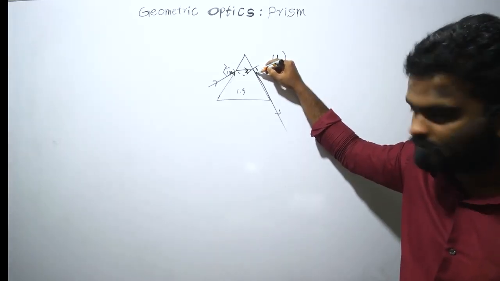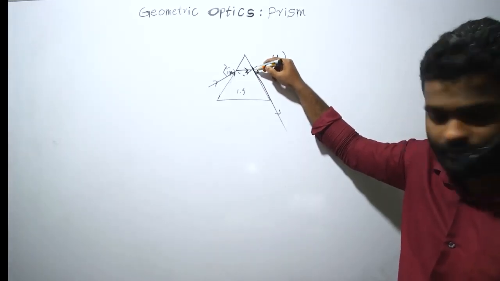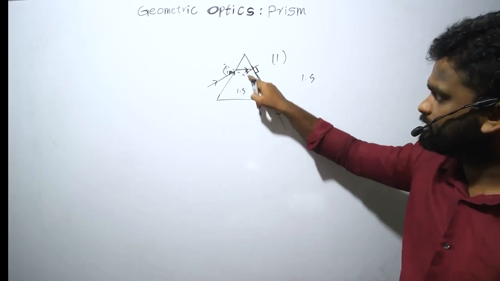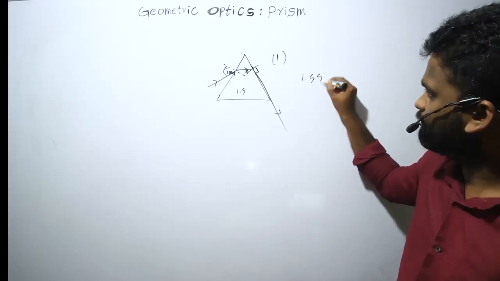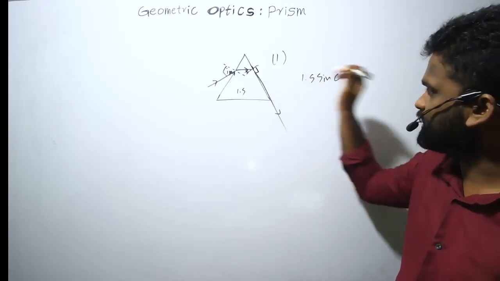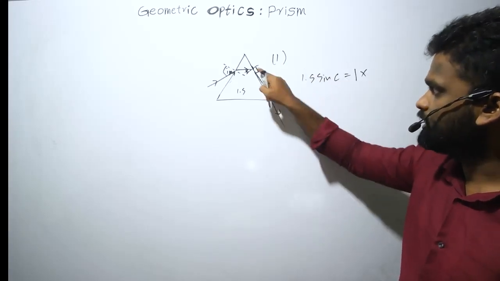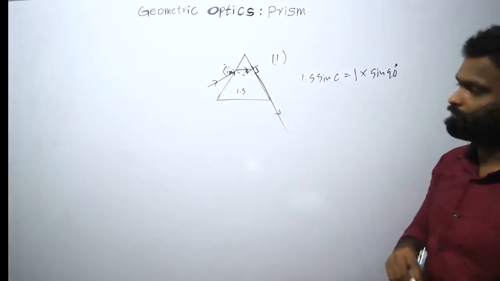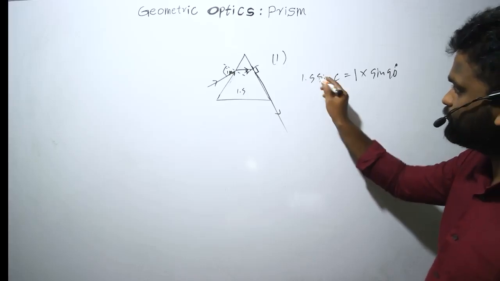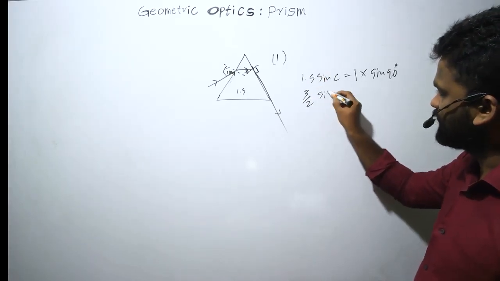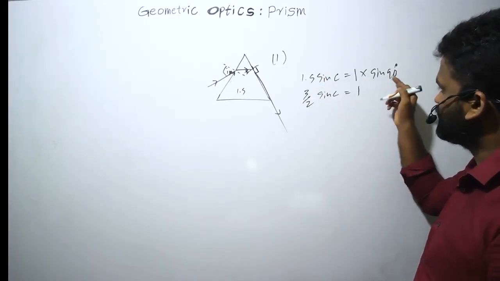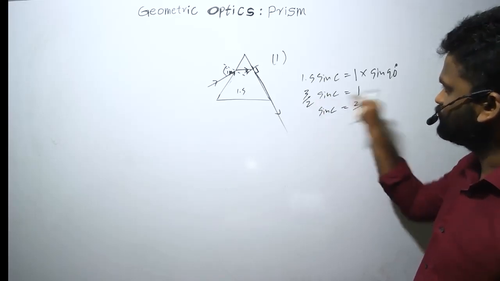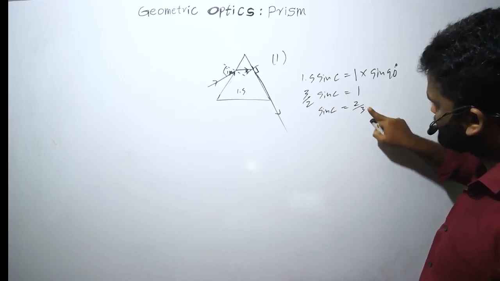So 1.5 sine C equals outside refractive index 1, sine 90. 1.5 you can write as 3 over 2, so 3 over 2 sine C equals sine 90, which is 1. So sine C is equal to 2 over 3.